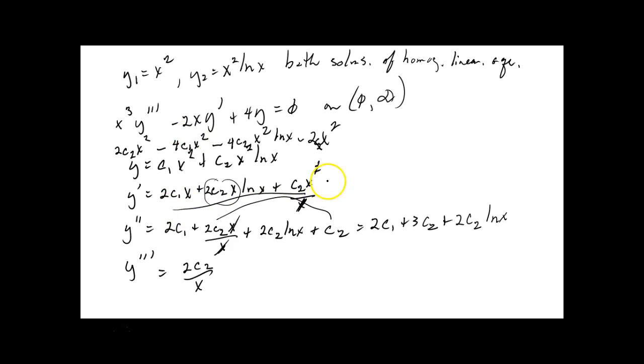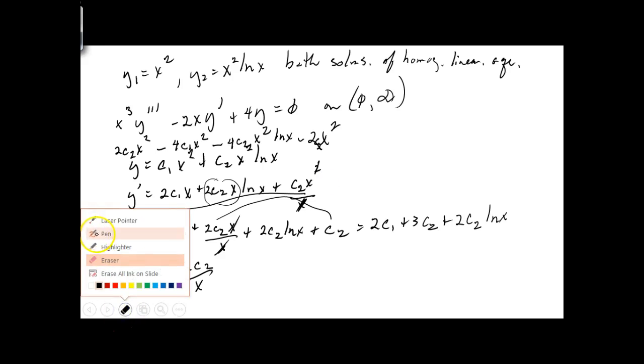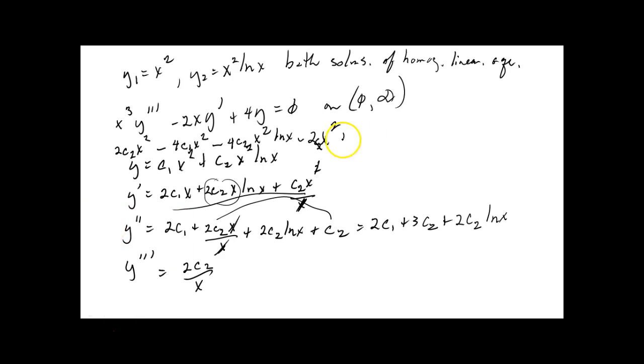Okay, plus 4. Whoops, wrong line. I've done that twice. Quit. At least twice today. Started adding on the wrong line. Plus 4 times y.